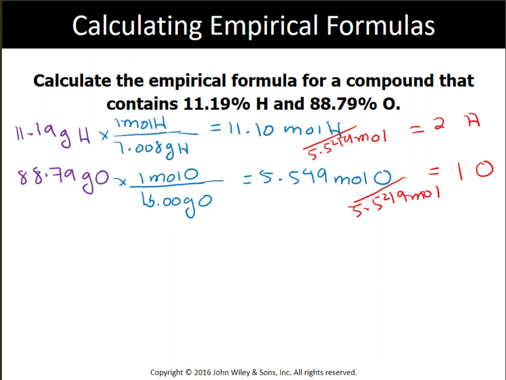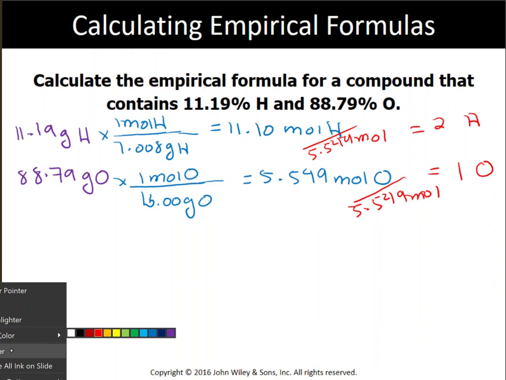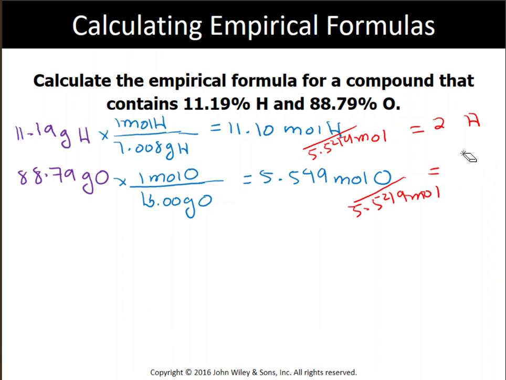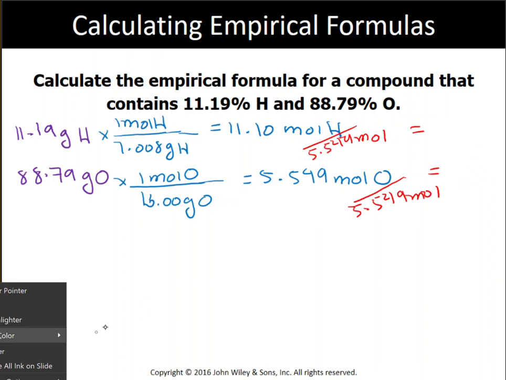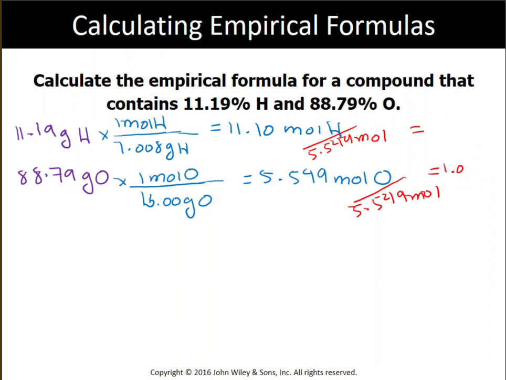And this, I believe, is 1.00. So let's write the decimals too. So this is 1.000 oxygen, and this is 2.00 hydrogen.